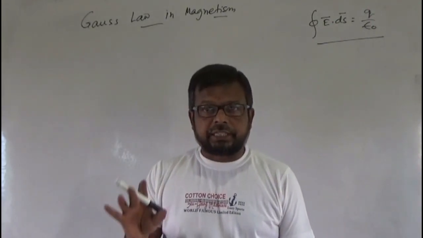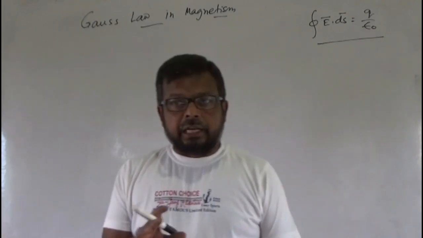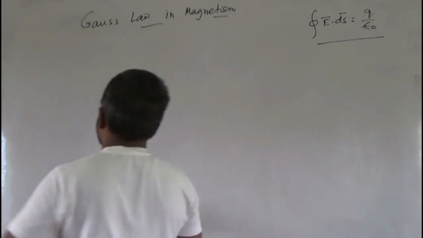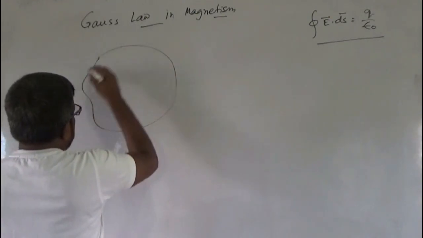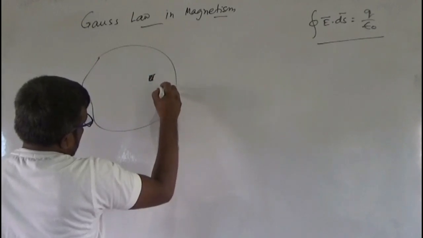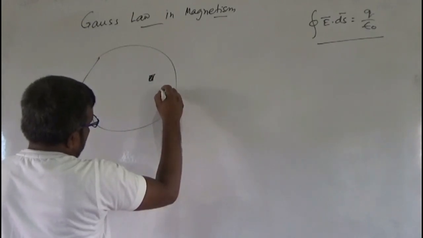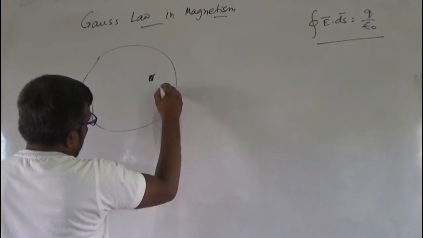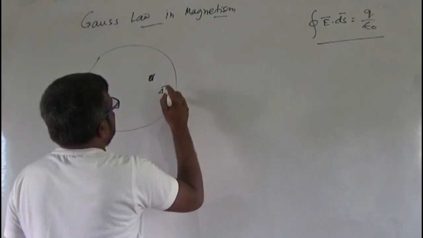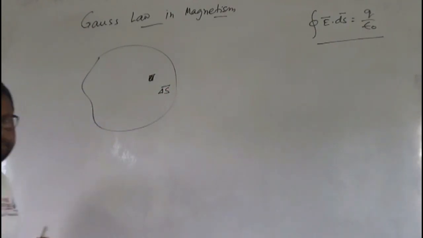Now let us consider a small area element delta S on a closed surface S. Let us say this is a closed surface and we have taken a very small area element, delta A or whatever you can say, delta S also.